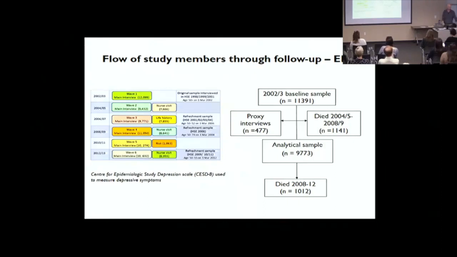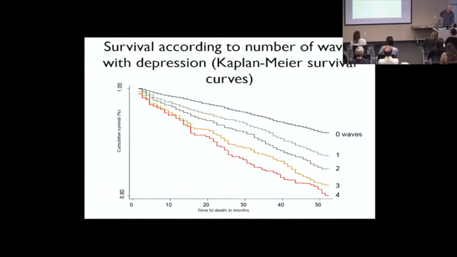And so we're able to look at the trajectory of depression in the first 4 waves, and then after that, because we've got relatively straightforward mortality surveillance in a small country like the UK, we can look at mortality patterns in relation to those trajectories of depression. And what we find is that, so we classified an individual as a case based on symptomology at each point of follow-up, whether a case or whether they weren't.